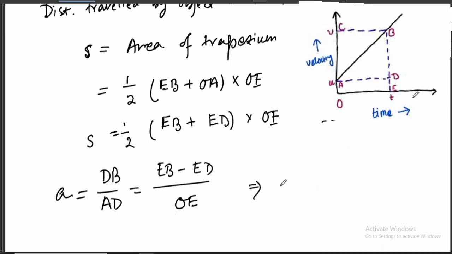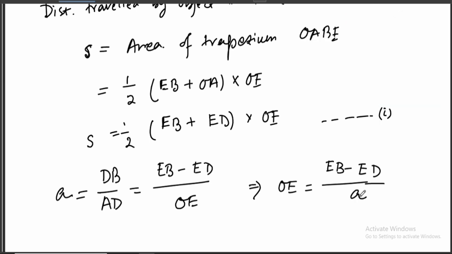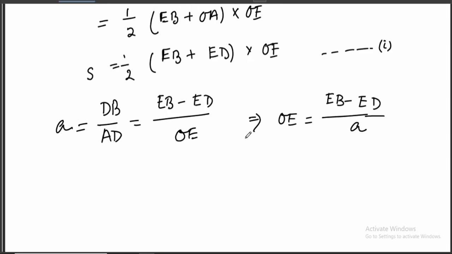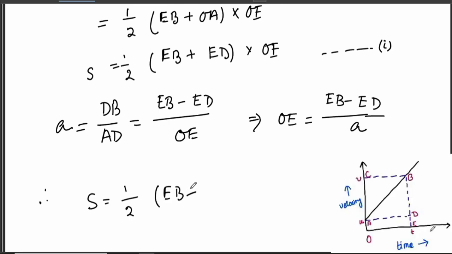Then in the next step, let's write OE equals EB minus ED by a. Now let's put the value of OE into this. Therefore, s equals half, EB plus ED, times EB minus ED by a.